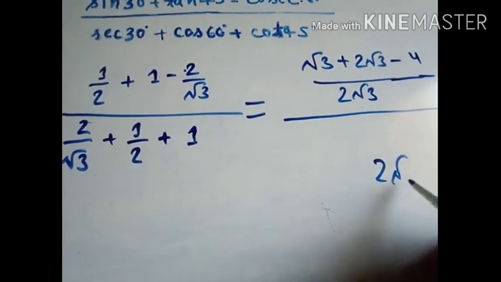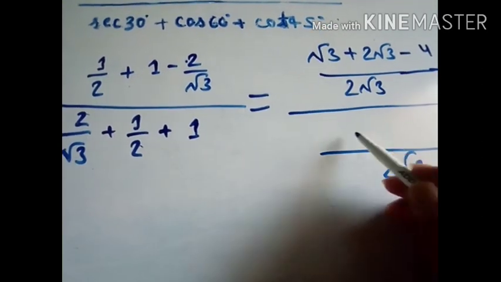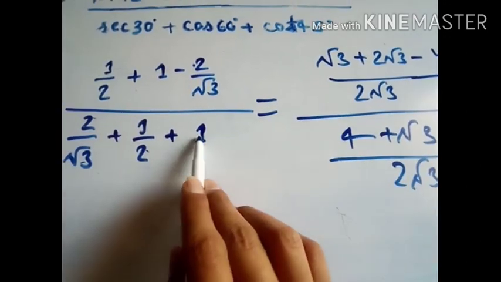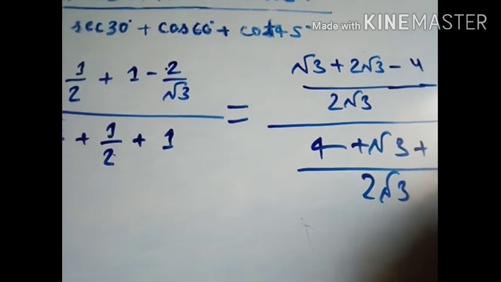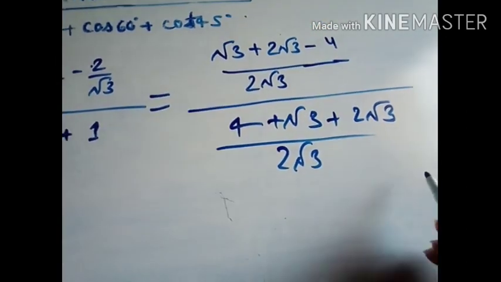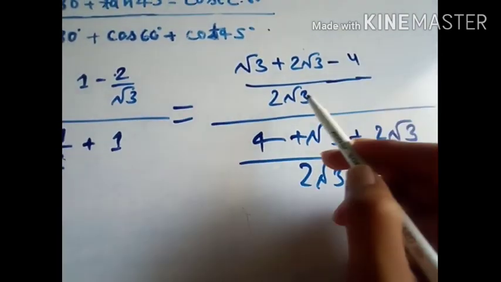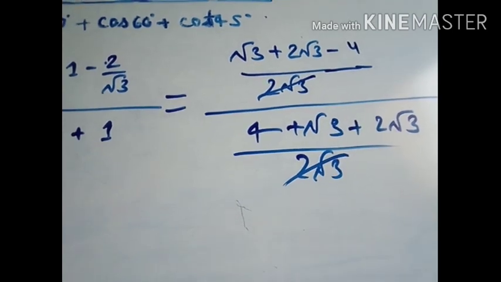Let us solve this one. Again 2√3 will be in the denominator, so solving, 2 into 4, √3 into 1, √3, and for 1 you will multiply with 2√3, so it becomes 2 plus √3. Now you got this. You can see over here 2√3 and 2√3 cancel each other simply.